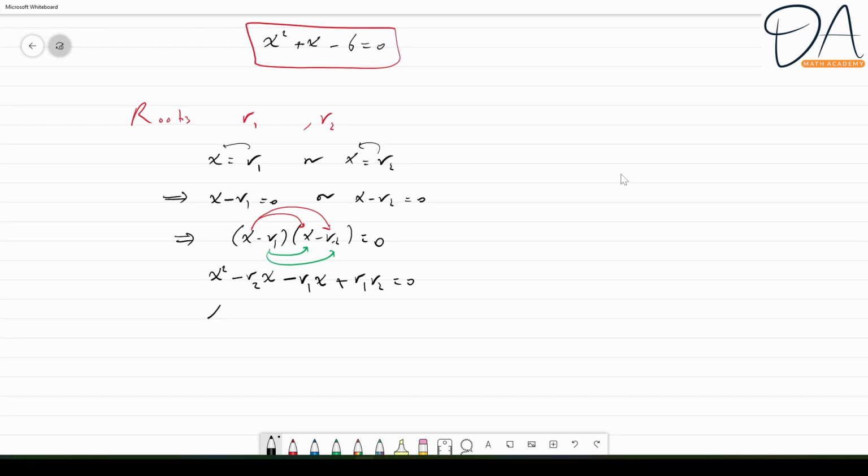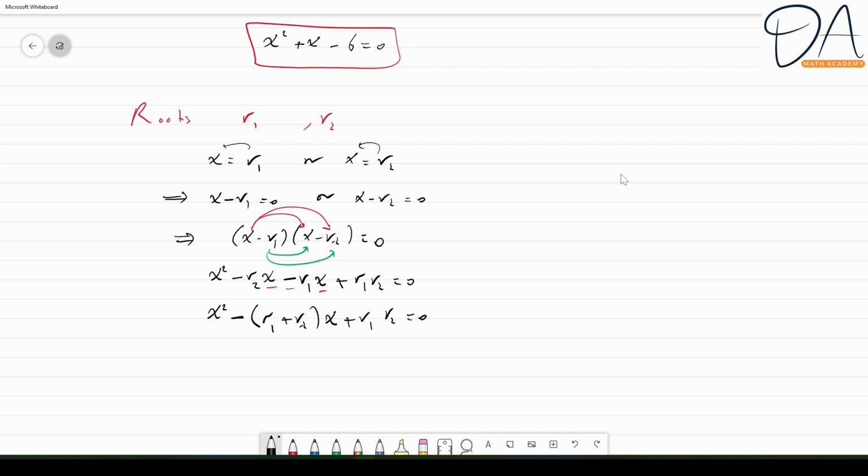And with a little simplification, we can see that here we have x as a common term. So then I can have minus x times R1 plus R2. Notice we have plus here because I took the negative to the outside. I took negative as a common factor because we have negative here and negative here. So if we take them as a common factor, what remains inside is positive, and then we have the x, which is common between the two terms, plus R1 times R2 equal to 0.